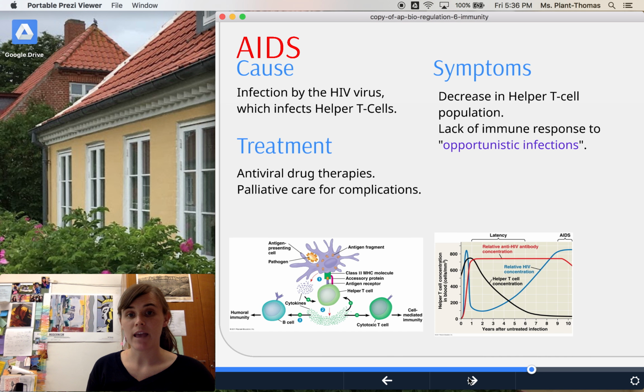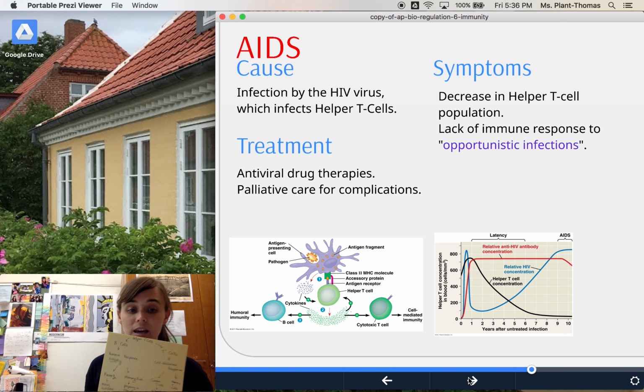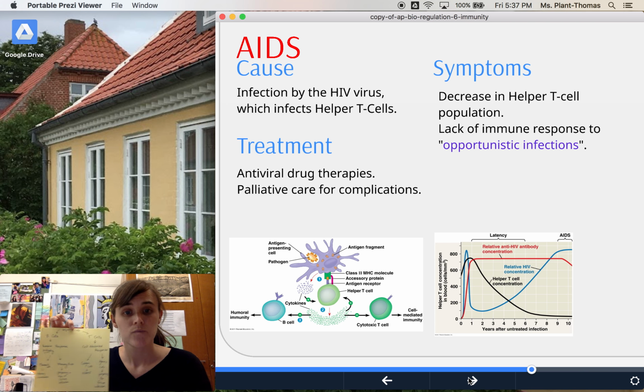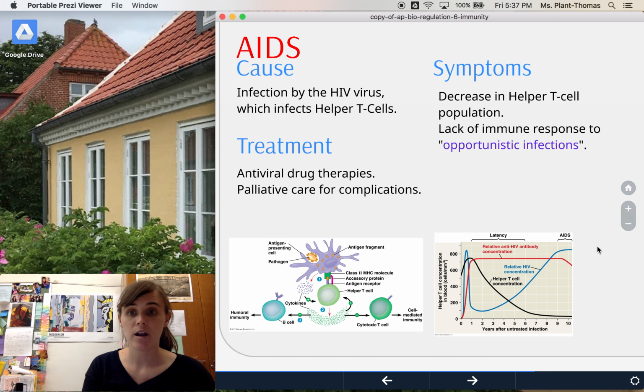So the HIV virus actually infects helper T cells. If you remember our image, helper T cells begin the entire specific response. So if you have helper T cells down, then you don't get any of this. So that's a huge problem. What that ends up meaning is that people who are infected with HIV have their whole immune system compromised, and so they're at the will of opportunistic infections.